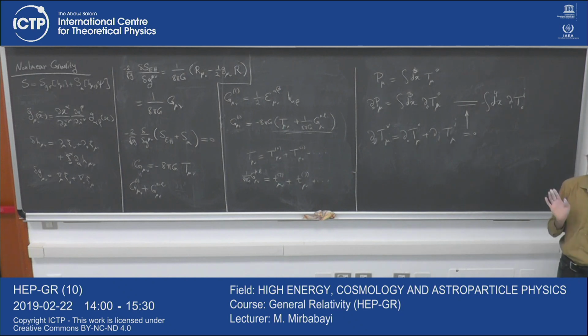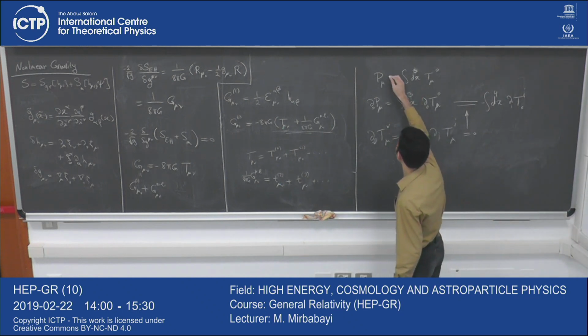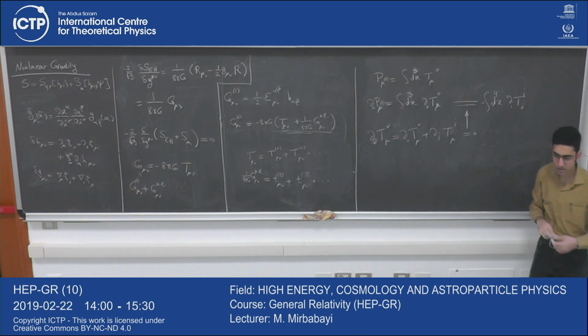We define our conserved charge by integrating the zeroth component of the conserved current on some spatial slice, not over the full space-time. If I integrate over the full space-time, it doesn't make much sense to talk about conservation, because when I say d_0 of P^mu, it should depend on time. So it has to have some time variable to talk about its conservation.